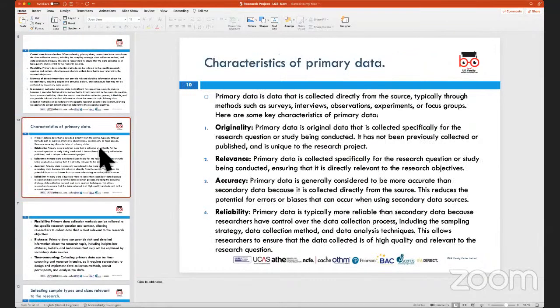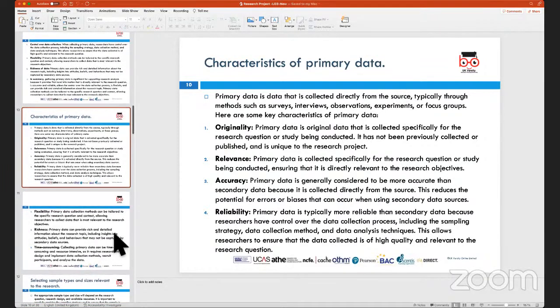So in this particular research, you're going to be looking at primary research, and primary research is focused on things like originality, relevance, accuracy, and reliability, because what you're doing is collecting data directly from the source. That means you're going to the horse's mouth to get hold of the data, which could be through methods like surveys, interviews, observations, experiments, and focus groups. This is what you will look at primarily, which is the primary data.